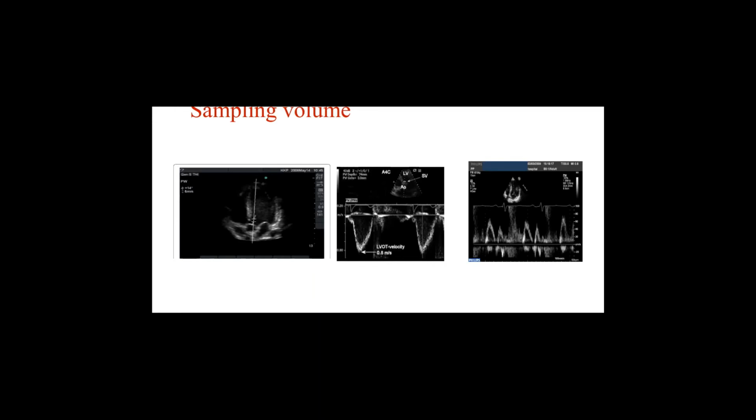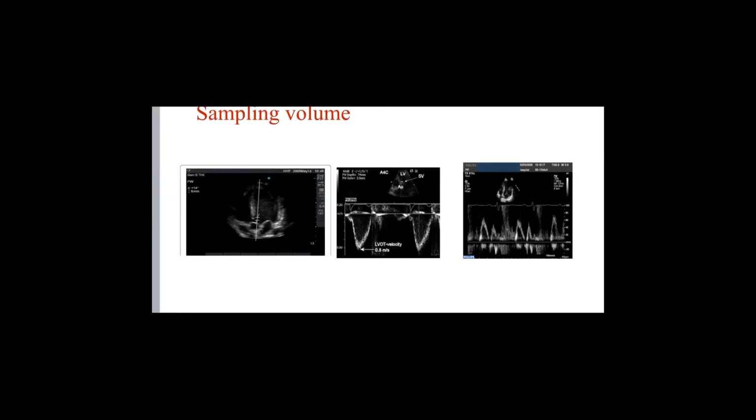In LVOT, you know where to put it. In mitral inflow, you know where to put it. In hepatic venous Doppler, you know where to put it. In pulmonary vein, you know where to put it. Okay? Good.